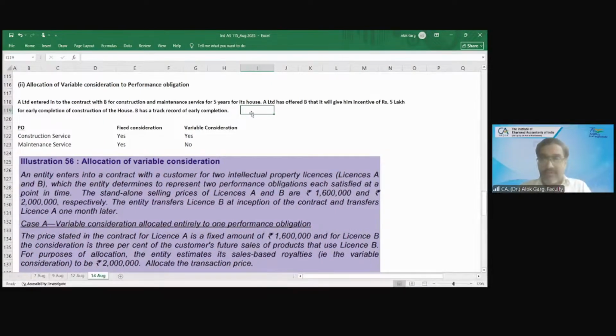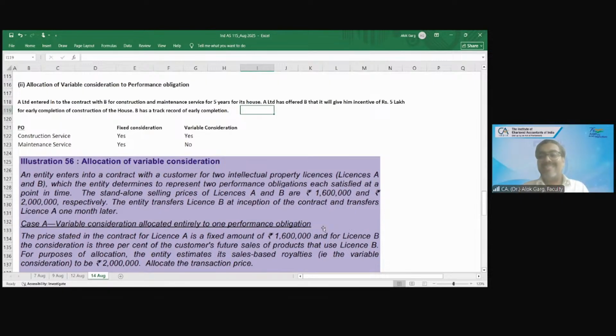Construction will complete and then A Limited will provide a maintenance service for 5 years also. A Limited is requesting that please construct and hand over my house before Diwali. If you will be able to deliver, I will pay you 5 lakh rupees incentive, 5 lakh rupees bonus more. And B has a track record of early completion.